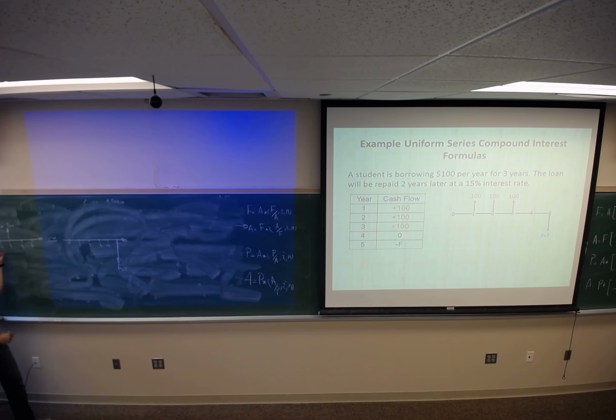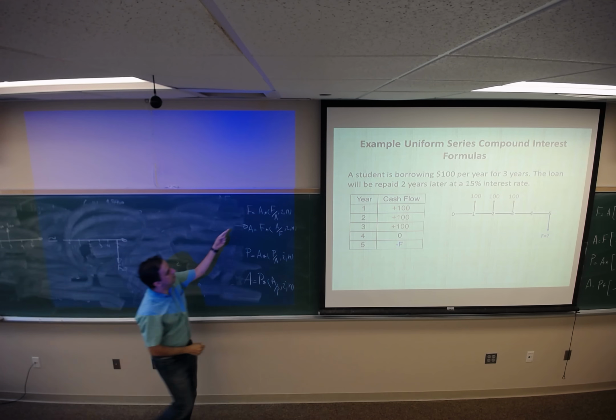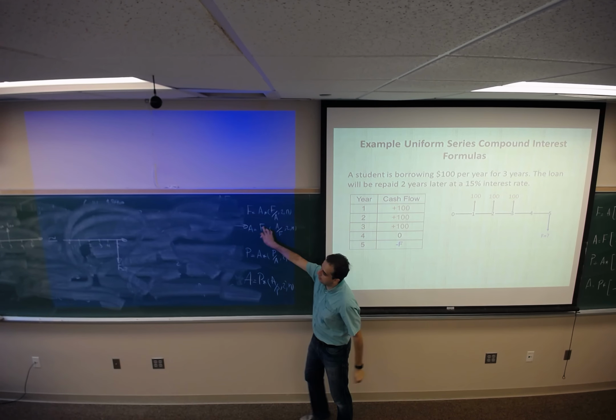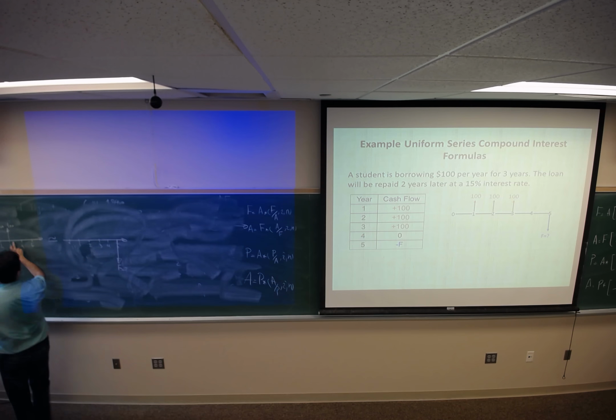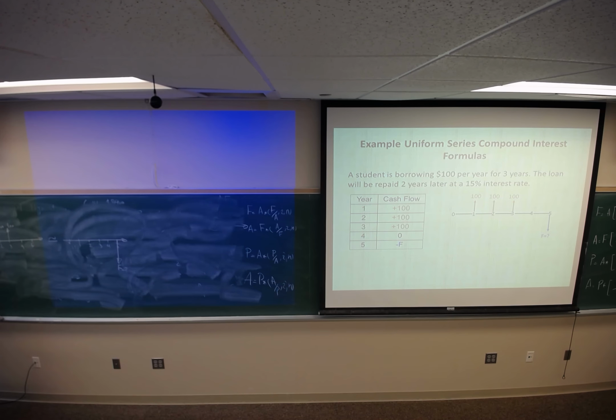If you use F for a given A, with N equal to 3, that is 0, 1, 2, 3, we have 3 payments, the value that you will get is at year 3.